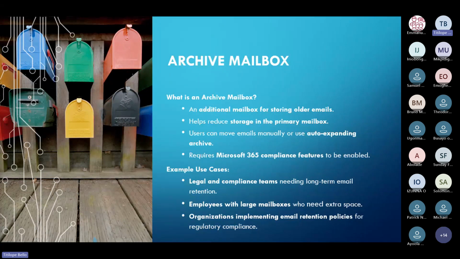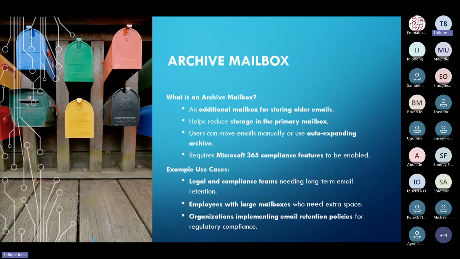Now, your primary mailbox is getting filled up. And if it filled up, and you didn't enable archive, even though you have the storage available to use, it was not enabled for that mailbox. It gets to a time that you will not be able to send out email anymore or receive email anymore because your primary mailbox is filled up.